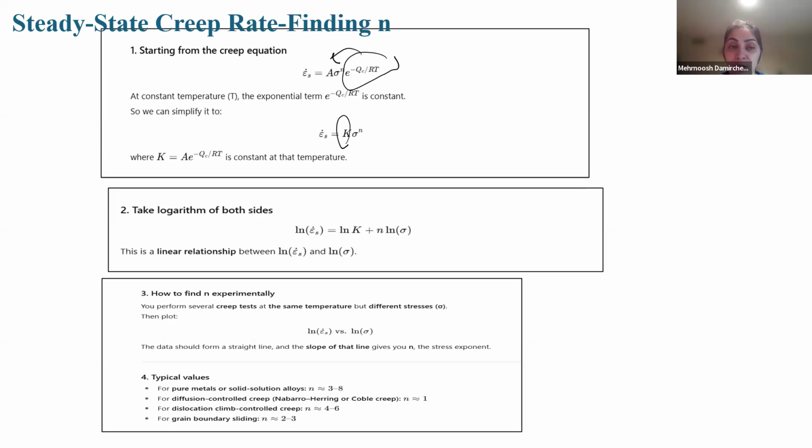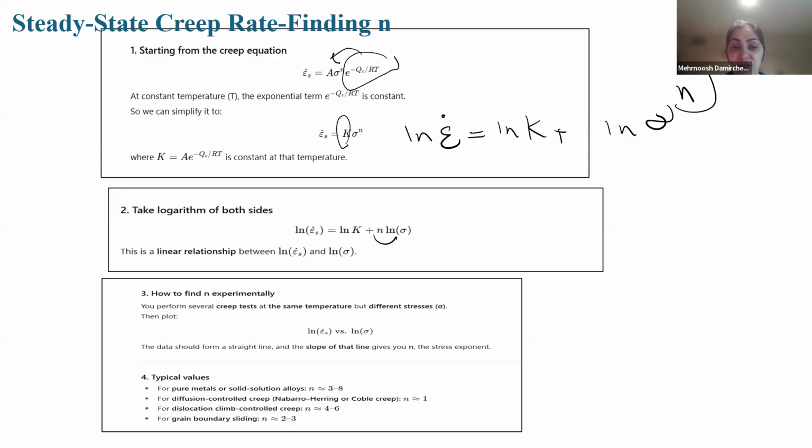We take Ln of both sides: Ln epsilon dot equals Ln K plus Ln sigma to the n, which becomes Ln epsilon dot equals Ln K plus n Ln sigma.